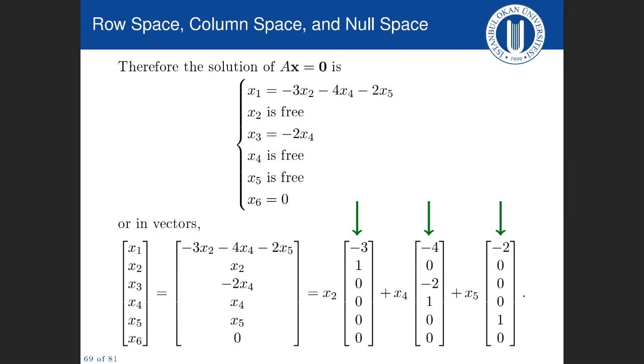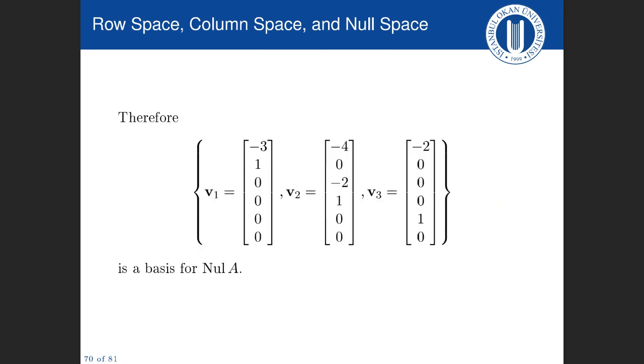Straight away we can see this is a 1, a 0, and 0, so the first vector is not a linear combination of the second two. Likewise, if we look at the fourth position, a 0, a 1, and a 0, the second vector is not a linear combination of the first and third vectors. And looking at the fifth position, the 0, 0, and 1, the third vector is not a linear combination of the first two. These three vectors give us a basis for the null space of A.